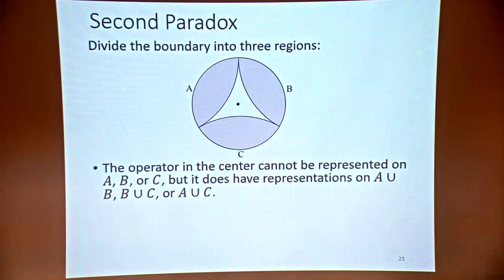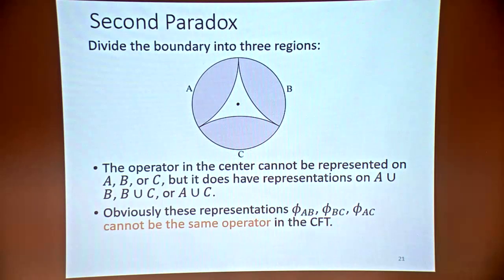So according to the rules that we set so far, phi at the center can be represented on the union of A with B. And by symmetry, it can also be represented on the union of A with C and the union of B with C. But the three representations that we have for the same operator in the center, let's call them phi AB, phi BC, and phi AC, cannot be the same operator in the CFT.